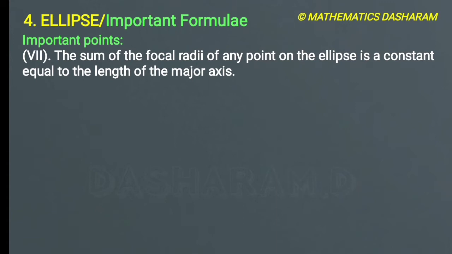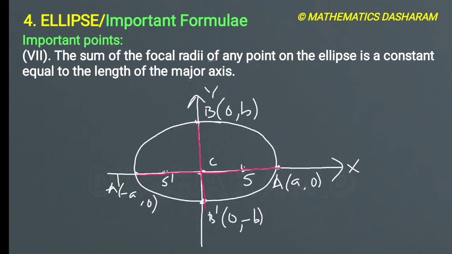Seventh point, the sum of the focal radii of any point on the ellipse is a constant and it is equal to the length of the major axis. Let's take a point on the ellipse, that is P(x, y). So then the sum of the focal radii of any point on the ellipse: S to P is a focal radius, S dash to P is also a focal radius.